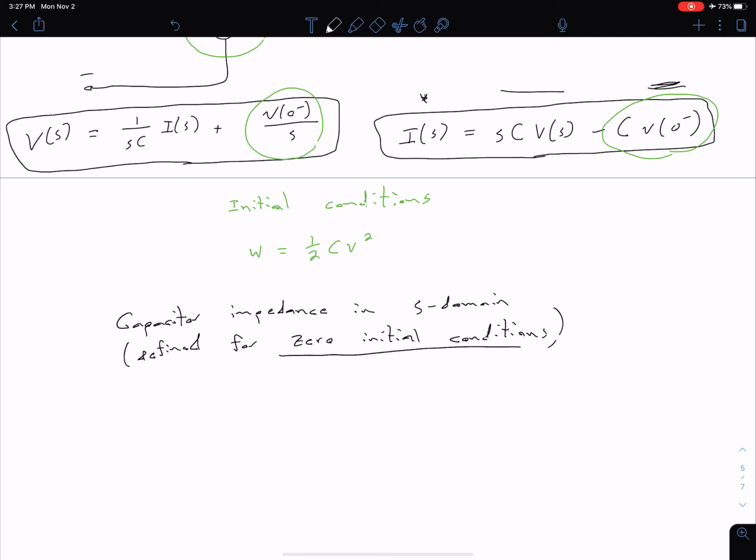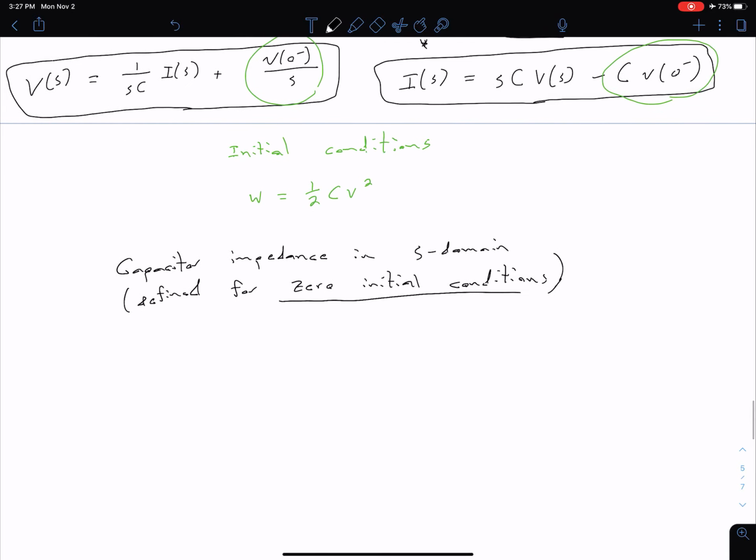Okay, so 0 initial conditions, so we have 0 initial voltage on our capacitor. And so with that in mind, these terms circled in green are going to go away. And so from either equation above, we can then see that our capacitor impedance in our S domain is equal to V of S divided by I of S, which is equal to 1 over SC.